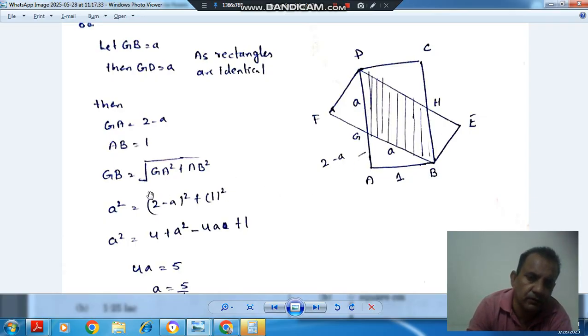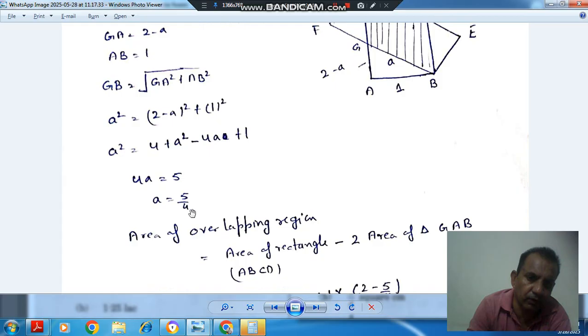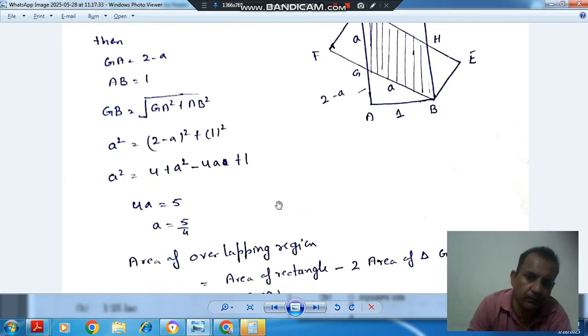So GB equals root of GA square plus AB square. GB is A, so we can write A square and omit the root, GA is 2 minus A, and AB is 1. From this we can find that the value of A is 5 by 4.